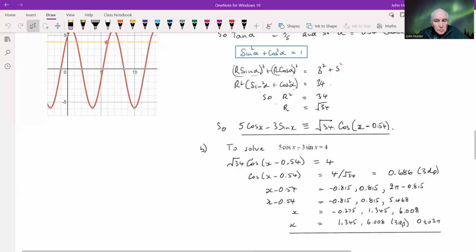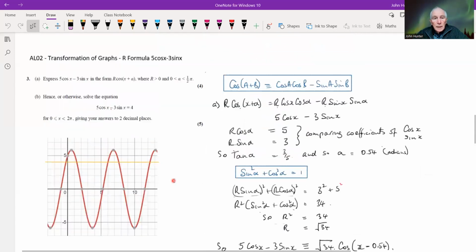And this is your 6.008 there again. It's about right. So what have we got? We've got these two solutions, 1.345 and 6.008 to 3 decimal places, and those are the 2 solutions in the range 0 to 2π. That solution. So that's it basically.